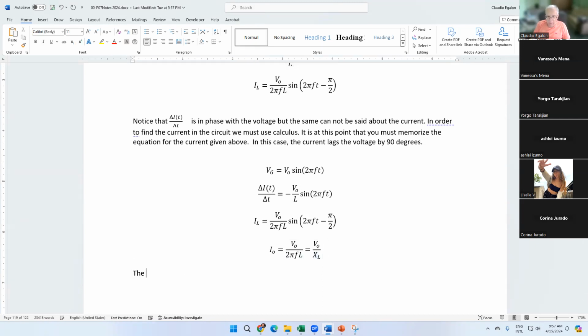The term X sub L is called the reactive inductance, and we can write it down like that, 2 pi FL.